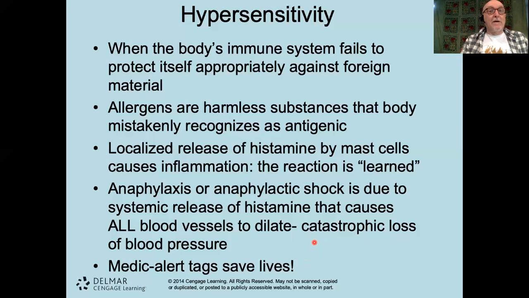People who know that they have these allergies very often wear a bracelet to state that they are. They also very often carry with them a drug in a syringe, which they can inject immediately to dampen this response until they can get to a hospital and be treated properly.